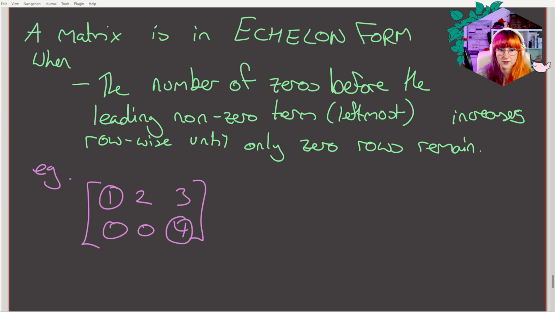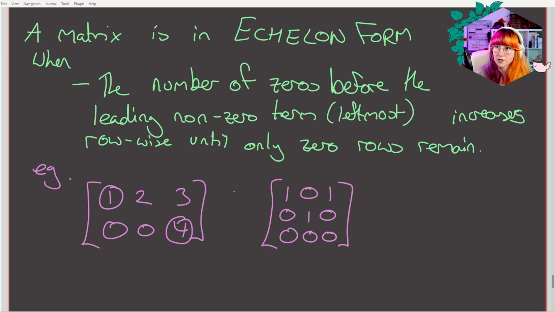So the left and down of the leading non-zero entry is 0. Equally, we could have something like 1, 0, 1, 0, 1, 0, 0, 0, 0. This is in row echelon form because everything to the left and down of our leading ones is 0.